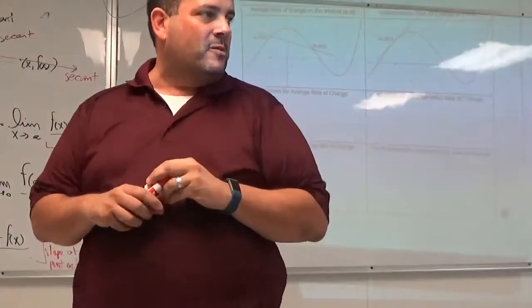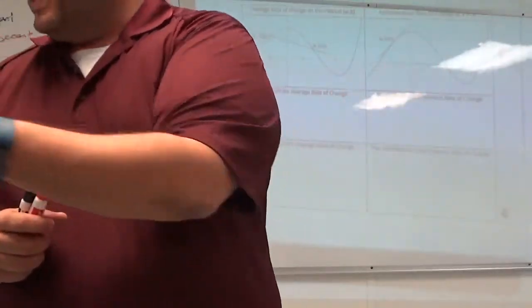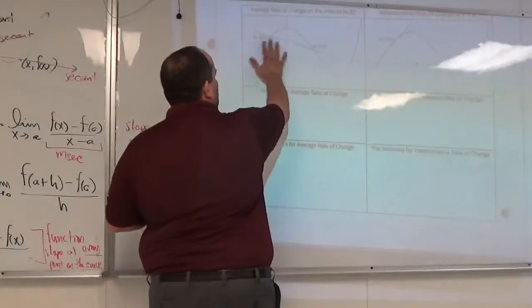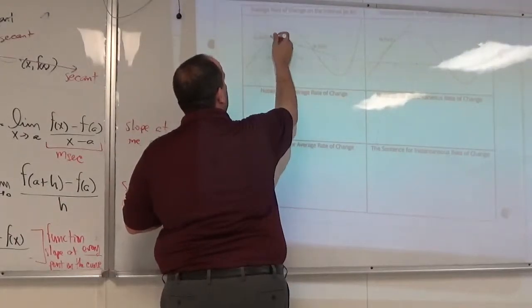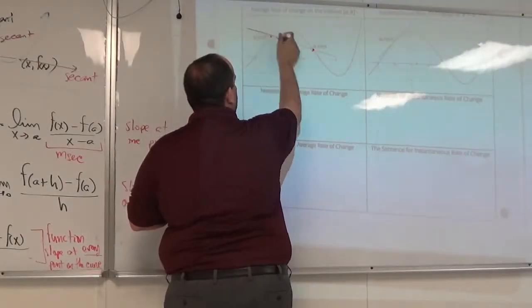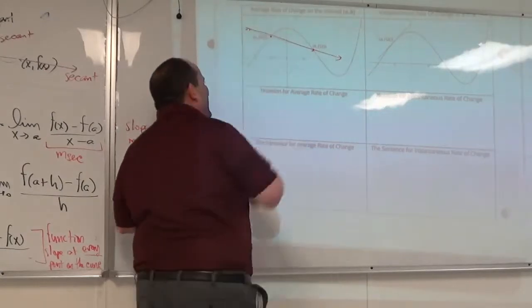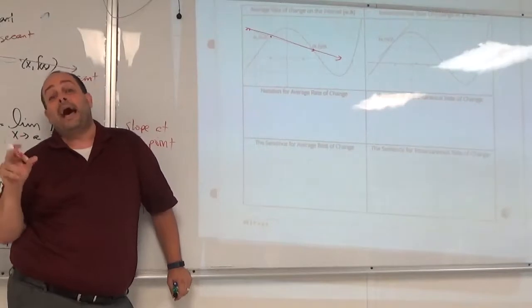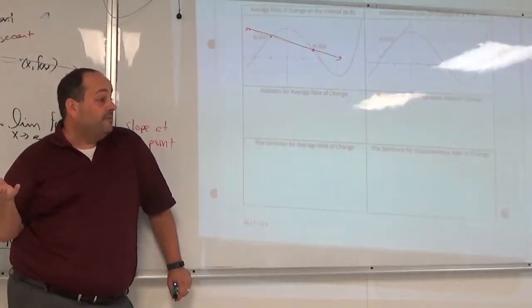Back in the day, before you met me, think Algebra 1, Algebra 2, pre-calculus, you were given diagrams like this. You were given 2 points on a curve. They were connected with a line. And I'm pretty sure back in geometry, Algebra 2, pre-calc, we just said line, and line was good enough for us, right?